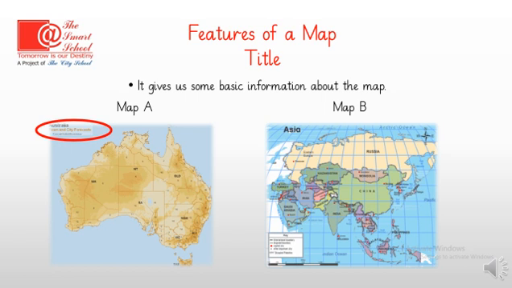So this title tells us that the map is about the weather forecast of Australia. Then in Map B, the title is Asia. This title tells us that we are going to get some information about the continent of Asia. So this is basically what a title does. It gives us some basic information about the map.